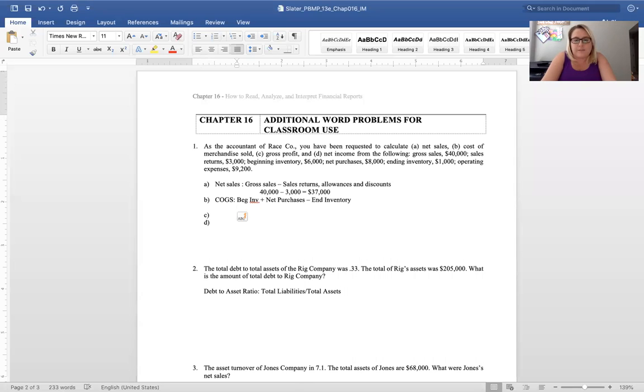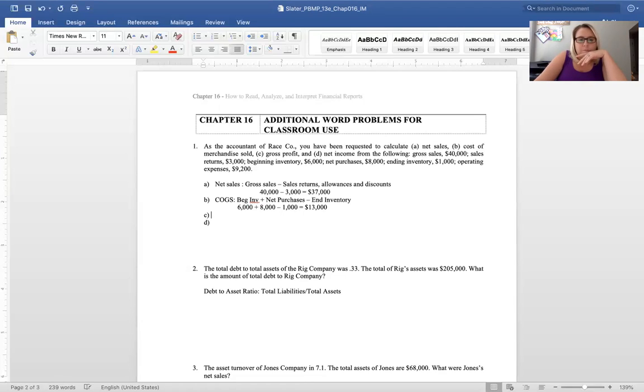So what was our beginning inventory? $6,000. We have net purchases of $8,000 and ending inventory of $1,000. So our cost of goods sold is $13,000. 6 plus 8 minus 1,000.